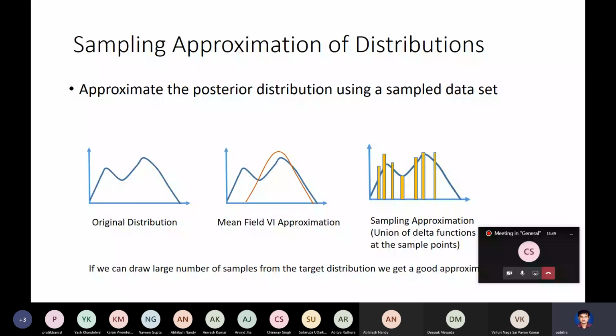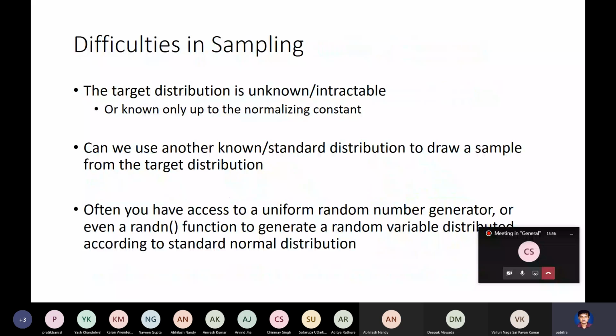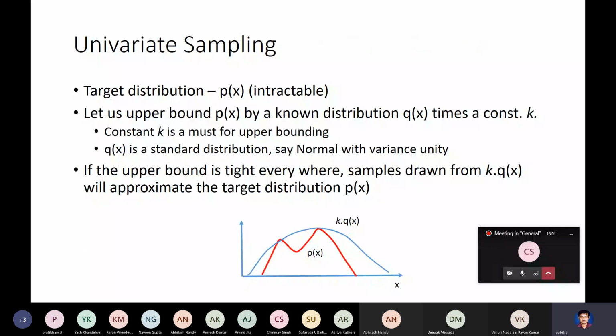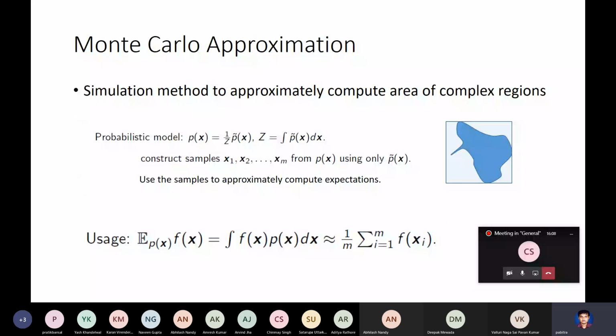approximate inferencing because of the Monte Carlo method. The Monte Carlo method says that if you have a function f(x) and an unknown distribution p(x), the expectation of f(x) with respect to p(x) is approximated by 1/m times the summation of f(xi), where you draw m samples.